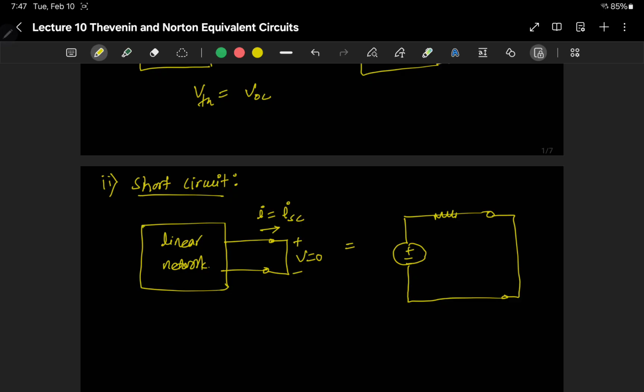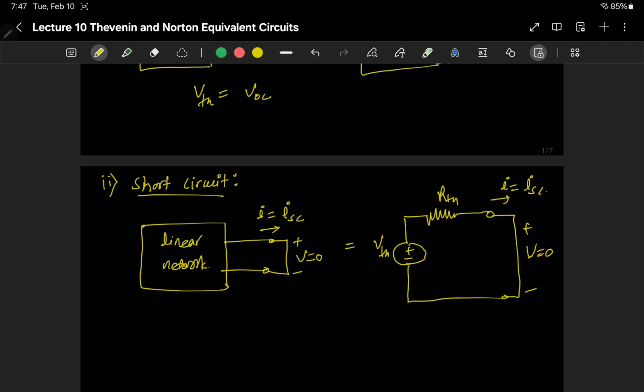Let me erase it and redraw it. This was RTH, this was VTH, and the current I is ISC, the short circuit current, and the voltage across these two ports is 0, V equals 0.